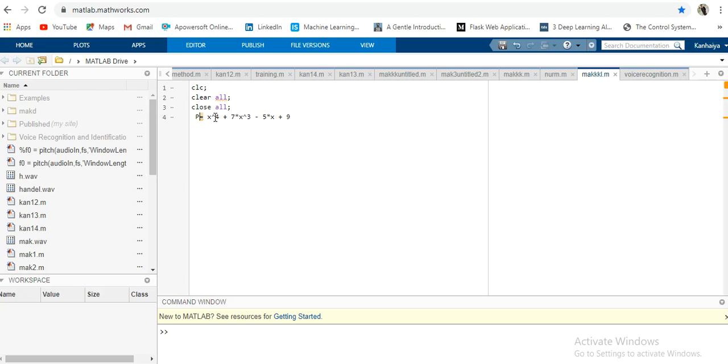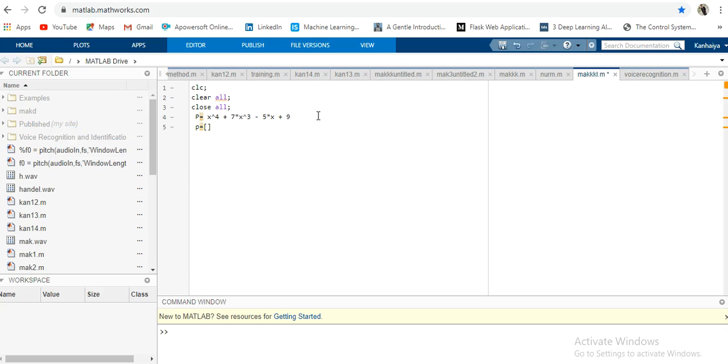But now we have to evaluate the polynomial at x equal to 4 or any value, so we can't define x here because we don't want the value in the form of x. We want some numerical value. So here the method is different. We will pass the coefficients in the form of an array.